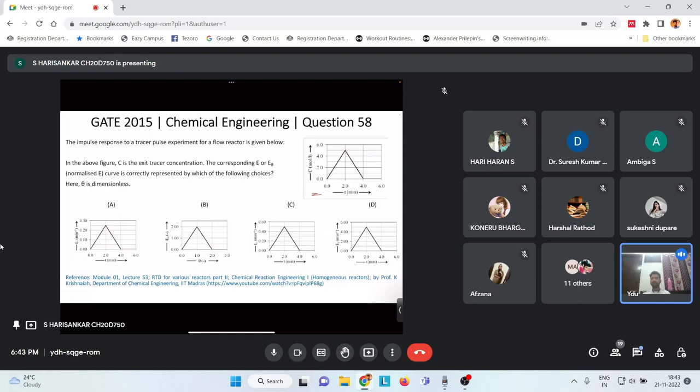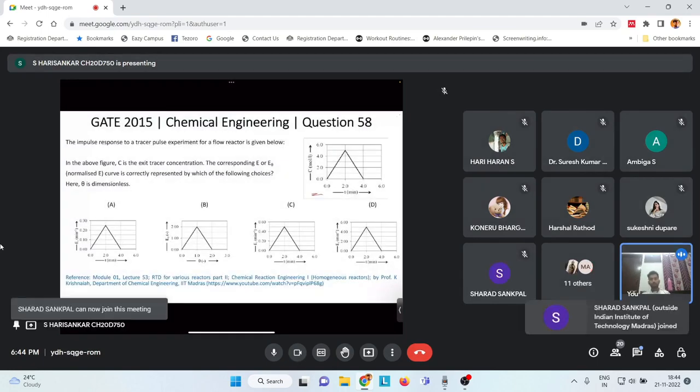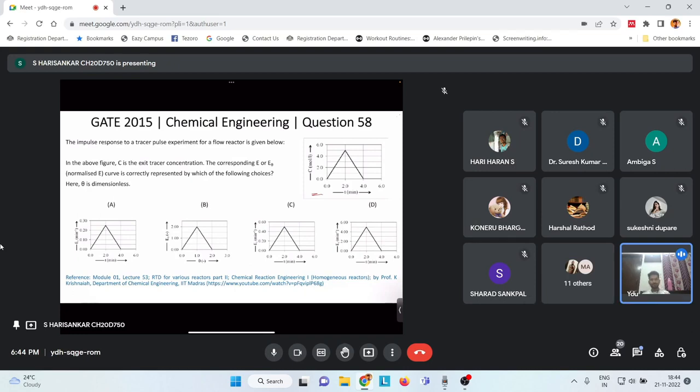The concept we'll be using here is the area under the E curve, which is equal to 1, the integral of E of t dt. So we can find the area of the four options given, and if the area under any E curve is 1, that will be our answer.